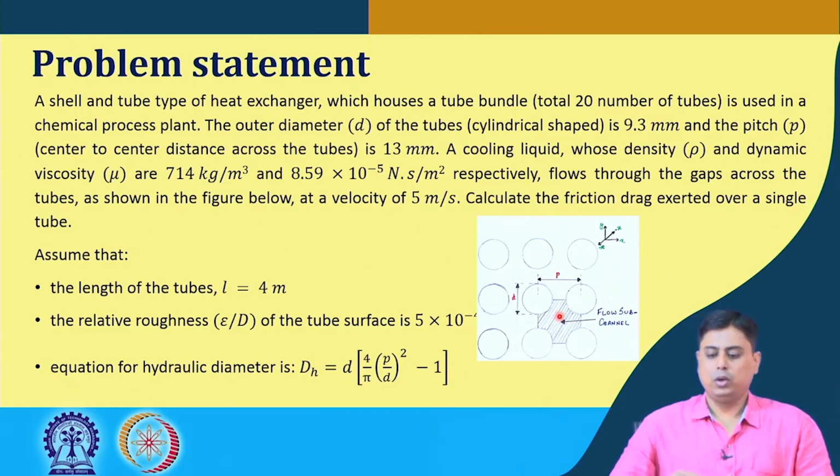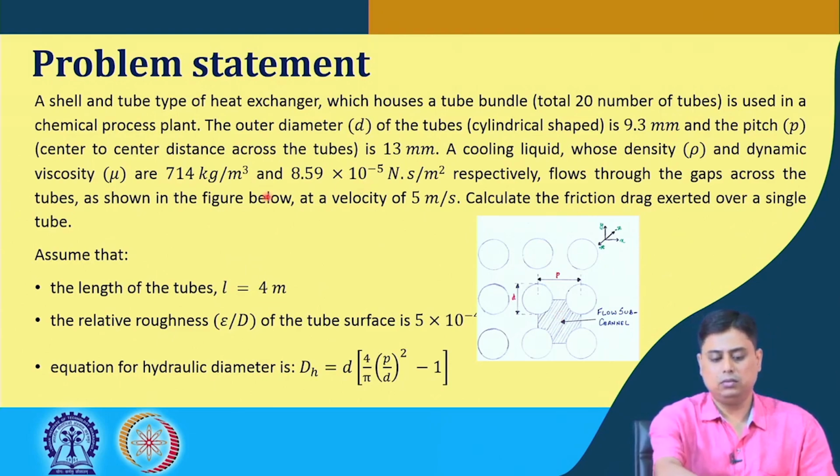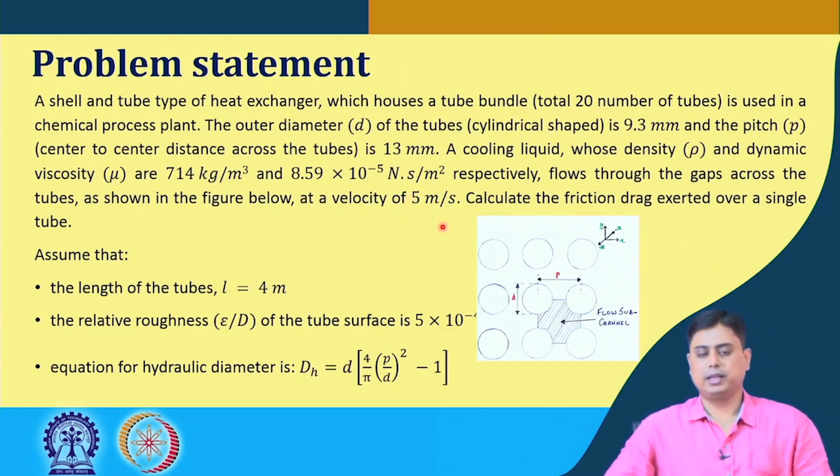Here the properties of the liquid are given: the density, and it is a coolant liquid, not water. The viscosity is also mentioned, and it flows through the gaps with a velocity of 5 meter per second. So, what is the drag on this one?